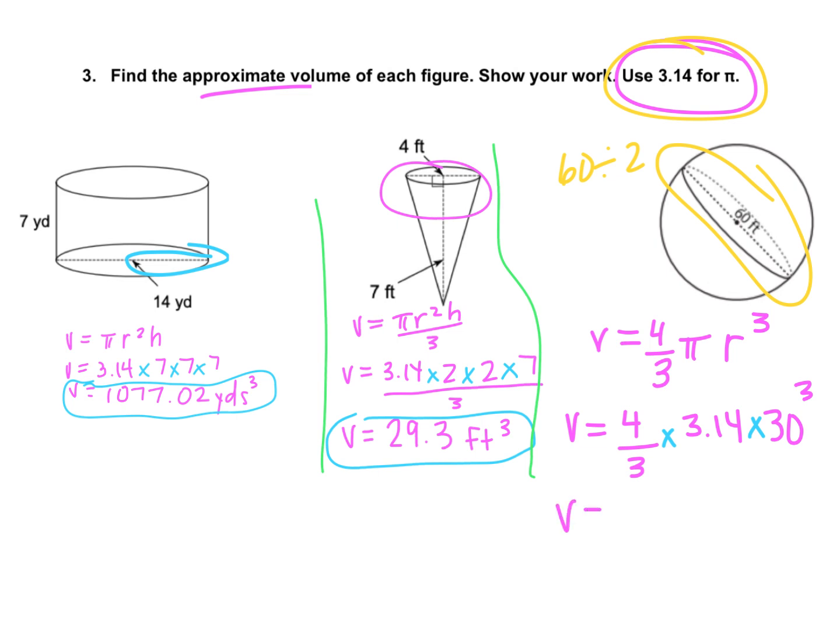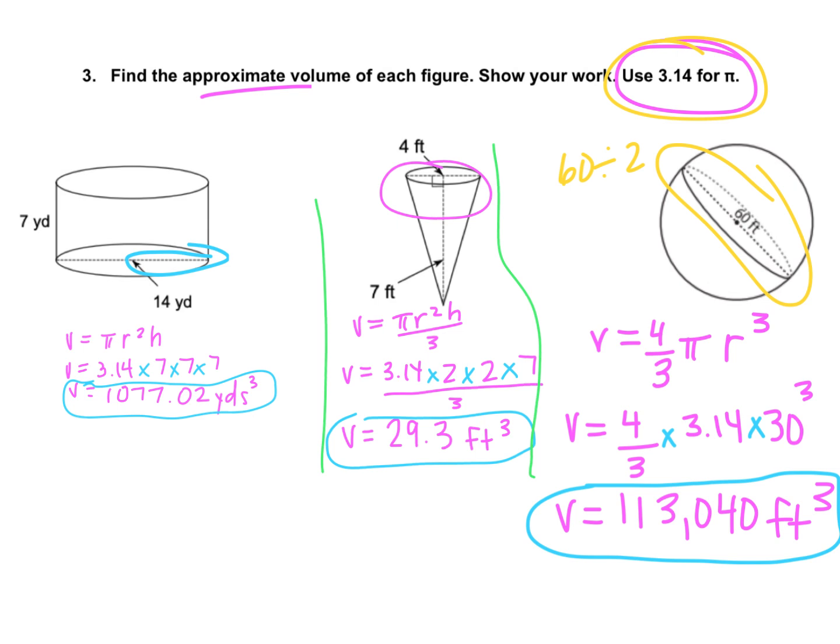When you calculate all that, 4 divided by 3 times 3.14 times 30 times 30 times 30, we get a very large answer here, 113,040, and it's feet cubed. Again, just follow your formula and make sure you know what you're using for pi for all these. Show your work too.